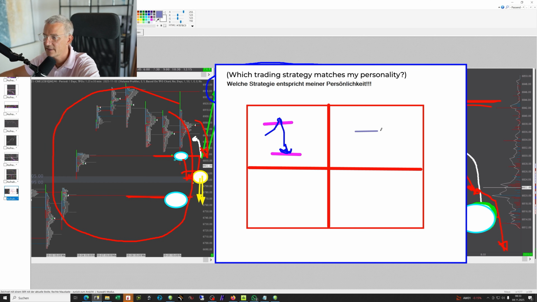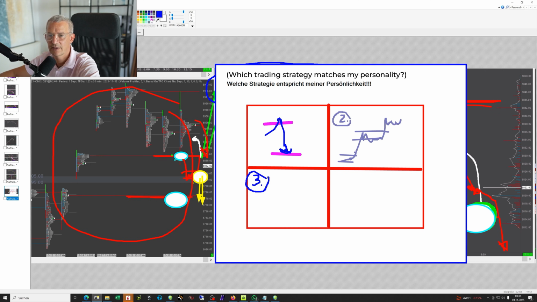Then, secondly, there are the people who always want to trade only in the direction of the trend because they love it, to go with the big flow. They have to pre-select whether a market is currently even in such a trend phase. And of course, they should only use setups where it makes sense for them. The third group are the people who are always against things at first. You probably know them.